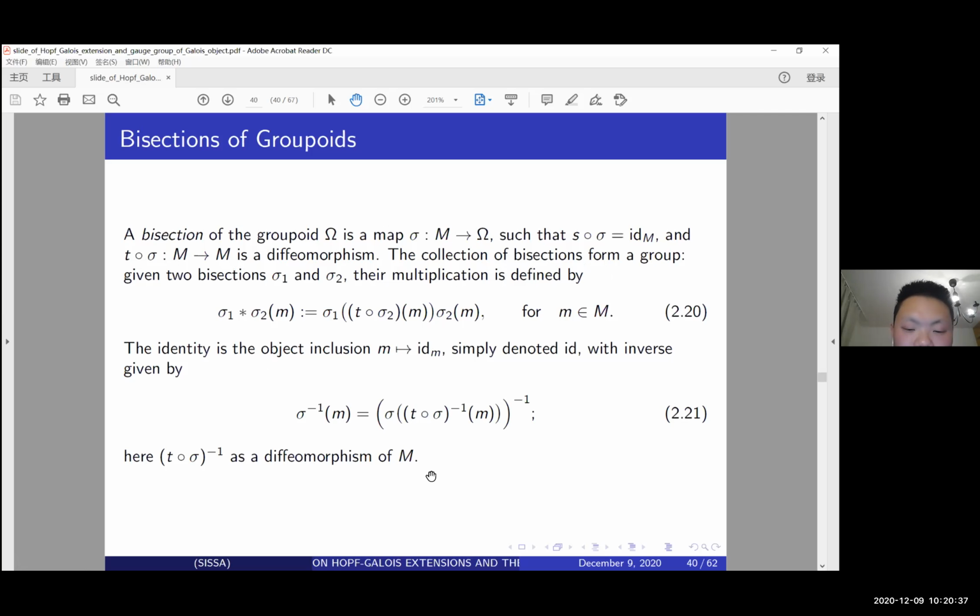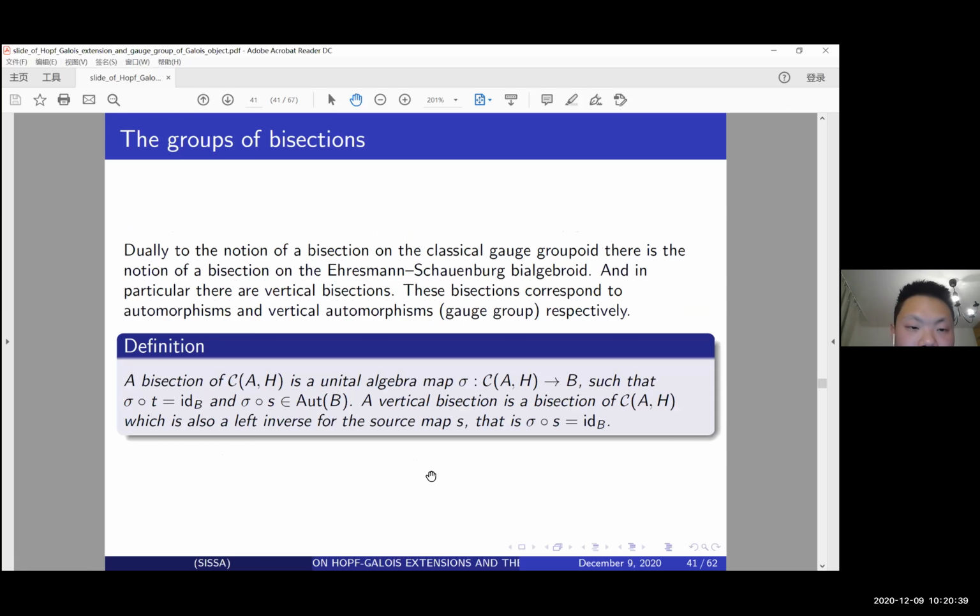Okay, so now we have also the bisection on the quantum gauge group point.